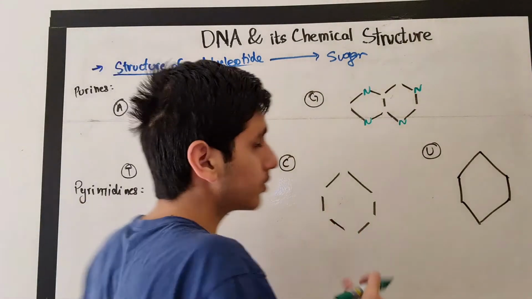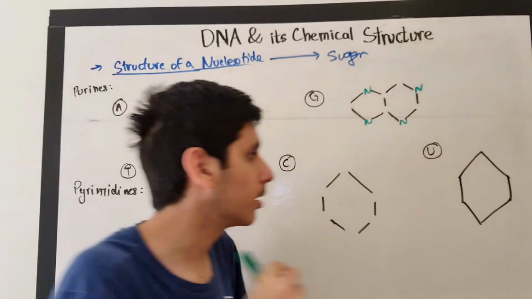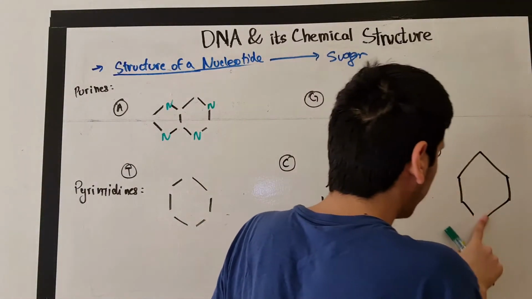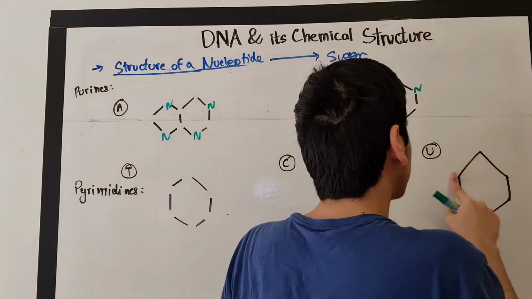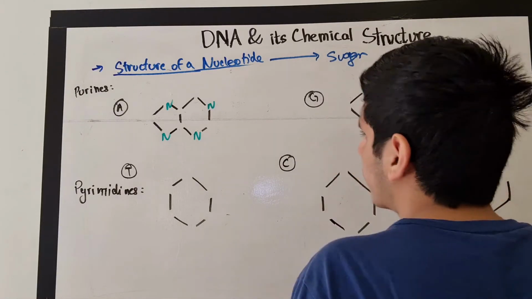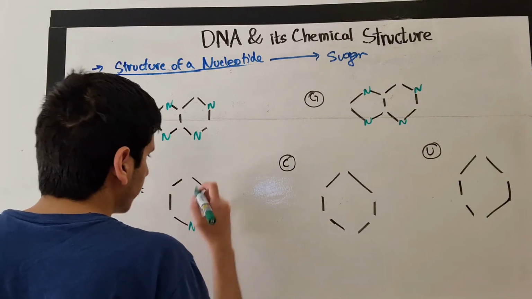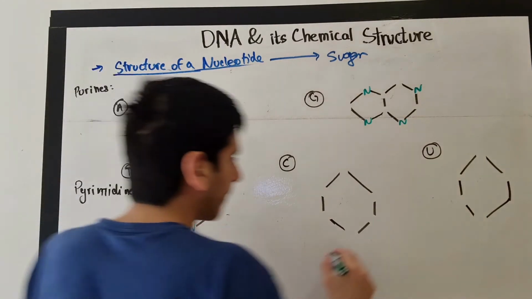The nitrogens are at position, in pyrimidines they're at position 1 and 3, remember. So now that we have learned the numbering system, we can also remember the placement of the various atoms, especially nitrogen, based upon the positions where they are.